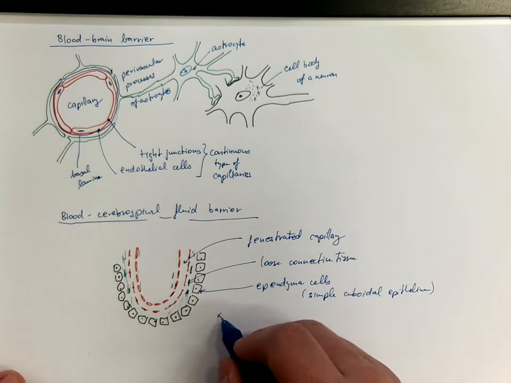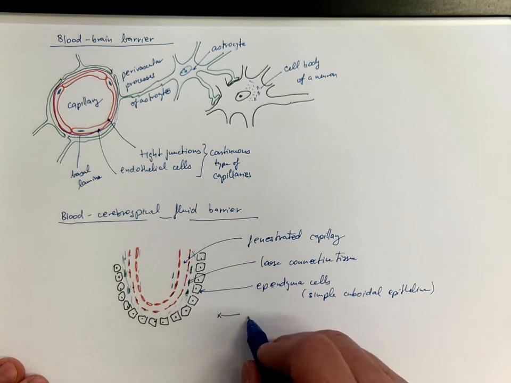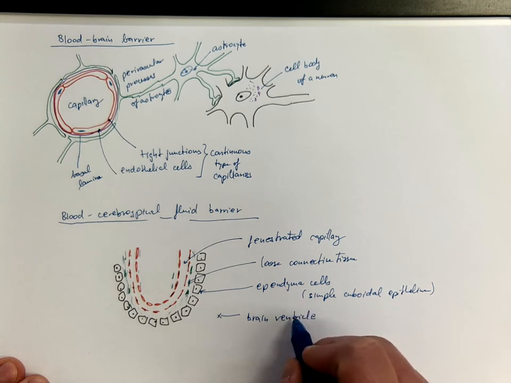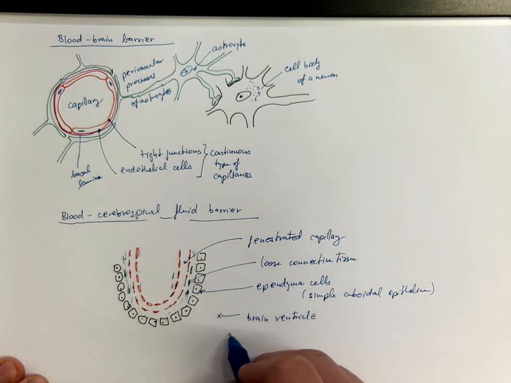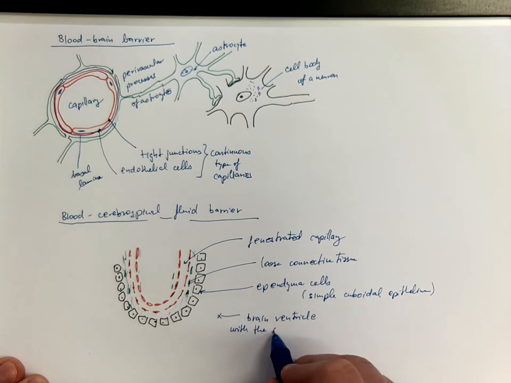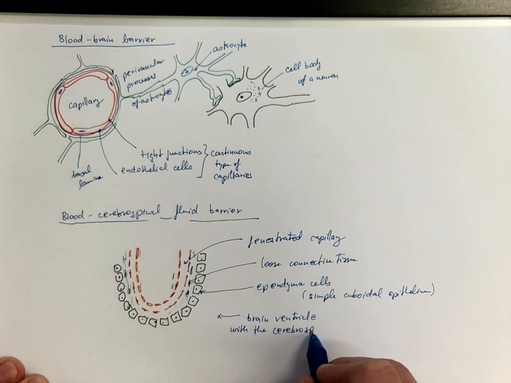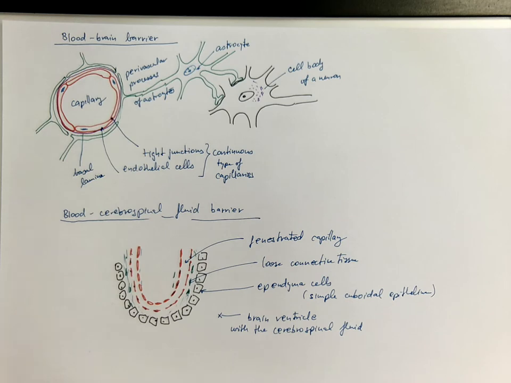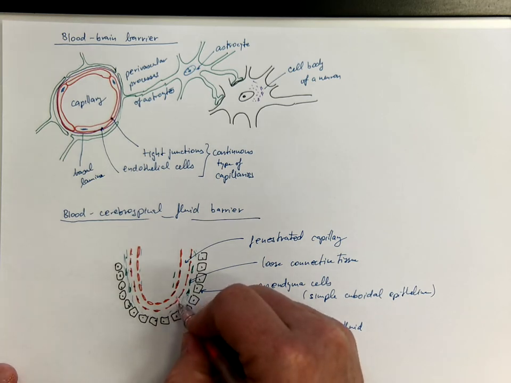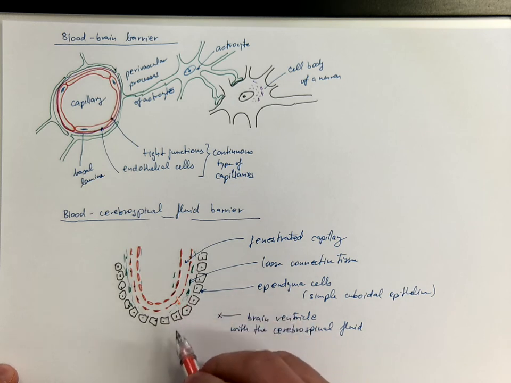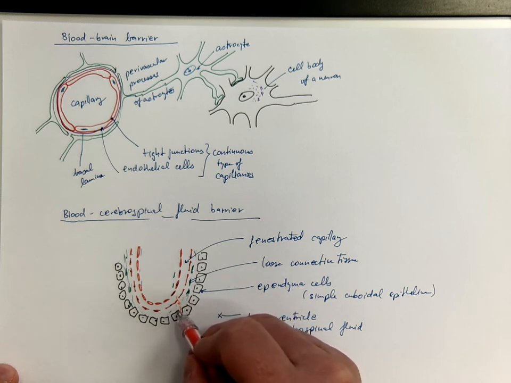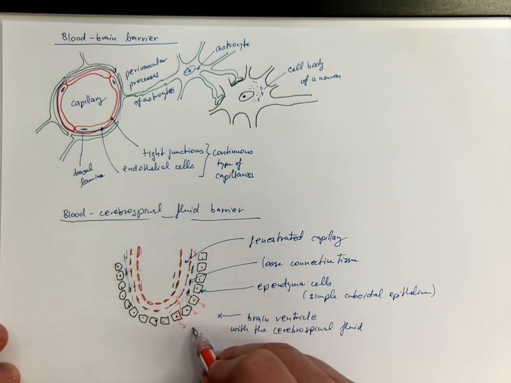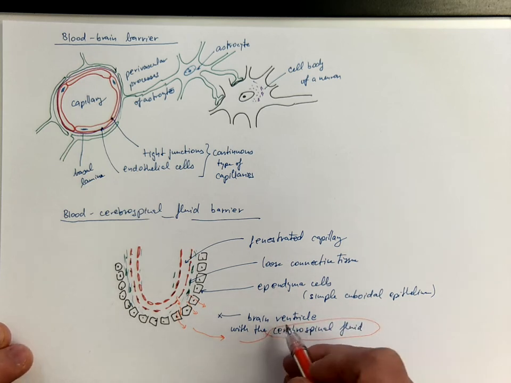Here is already the space of the brain ventricles, with the cerebrospinal fluid. And the cerebrospinal fluid is filtered through the wall of the capillaries, the connective tissue, and the ependymal cells into the brain ventricles.